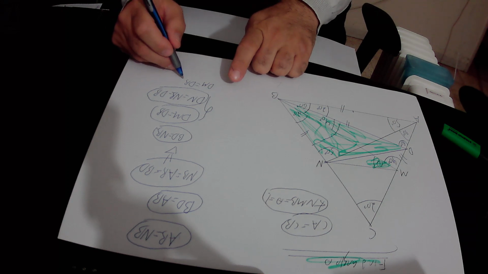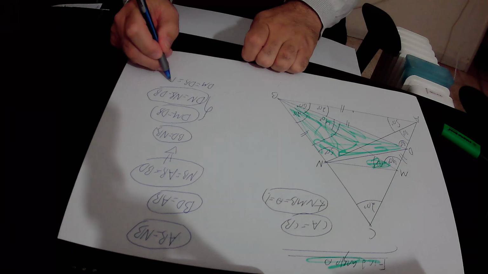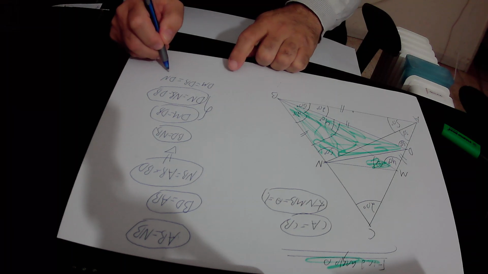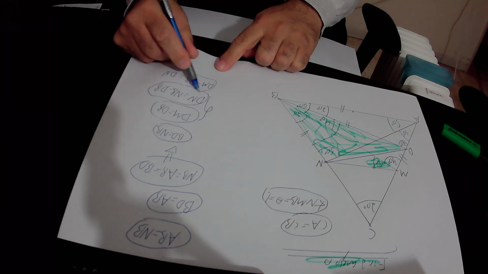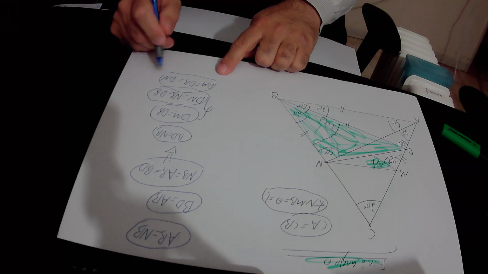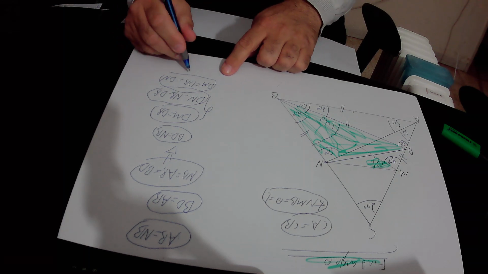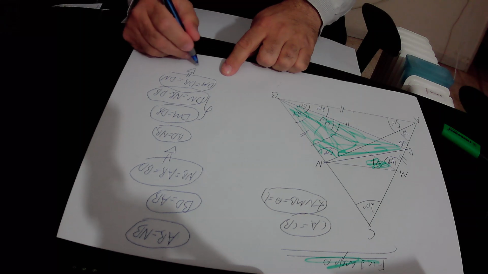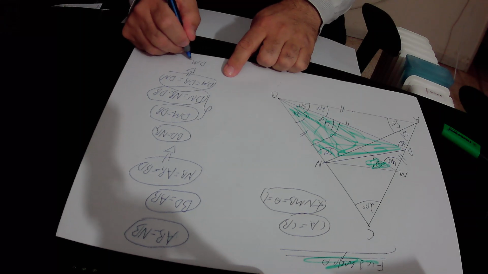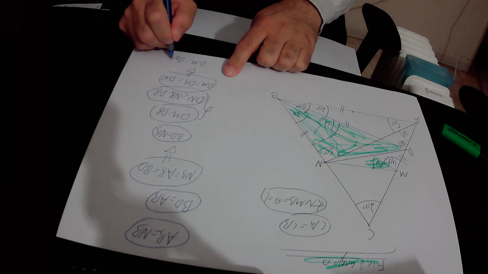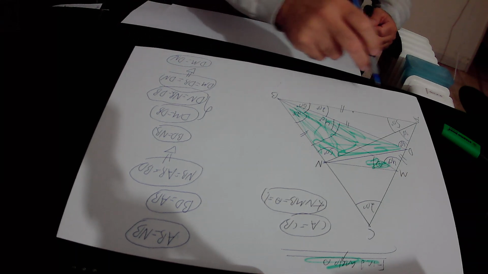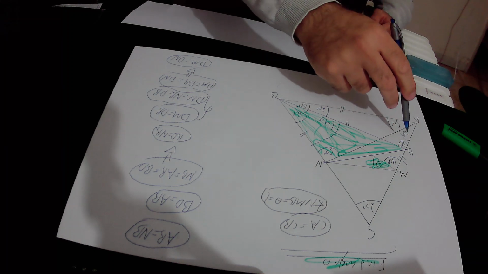So we can write here that DB equals DN. And finally, from DM equals DB equals DN, we derive that DM equals DN. Here, side DM equals side DN.